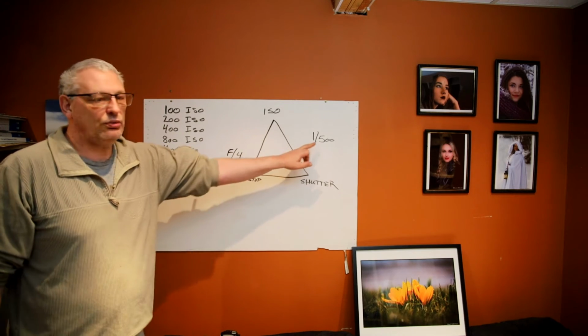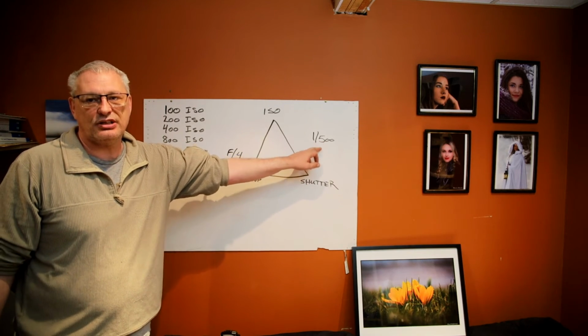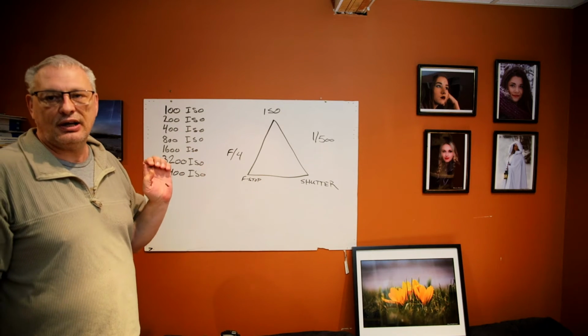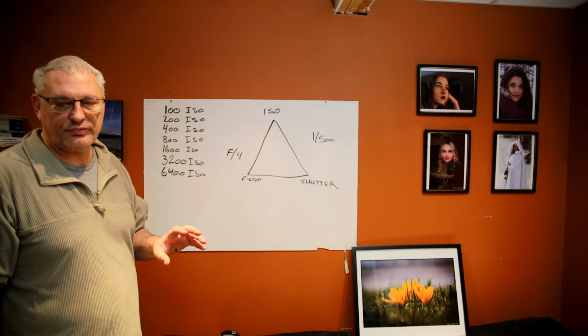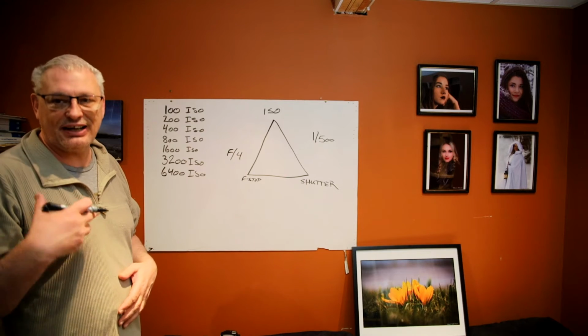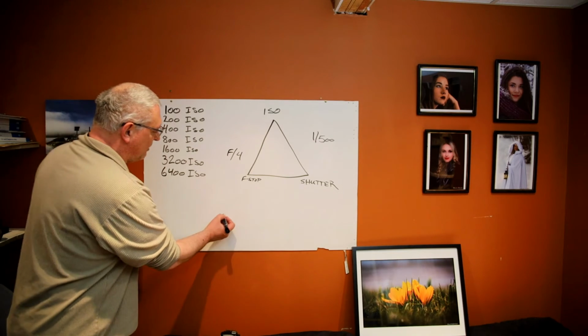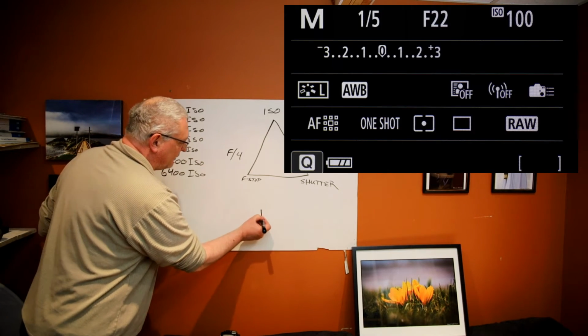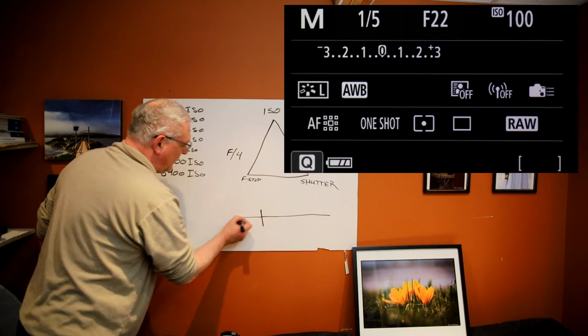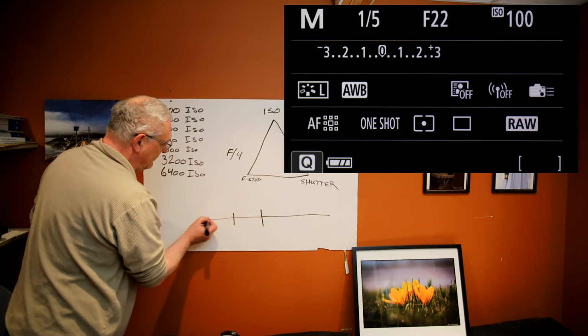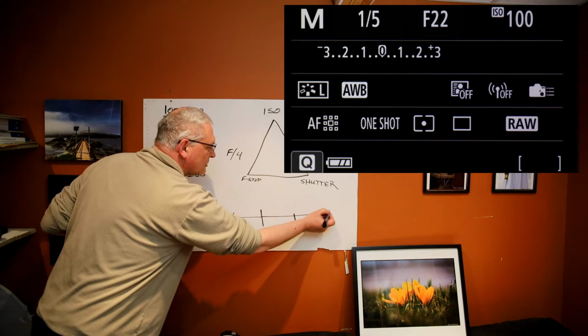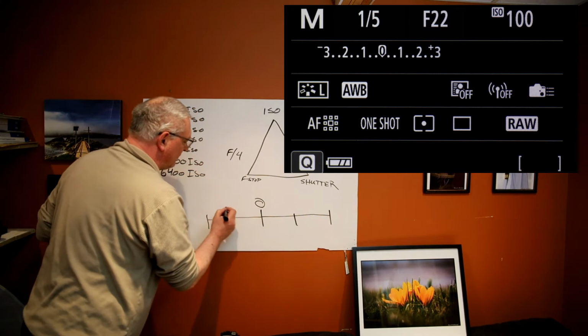Now, how do you know if you're able to shoot at that speed and be able to get a properly lit picture, so you have the right lighting there so it doesn't get underexposed? Well, in the bottom of your viewfinder, there is an indicator that looks like this. And this is your light meter.